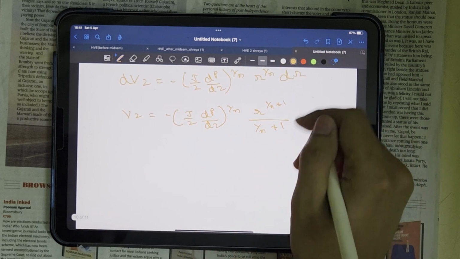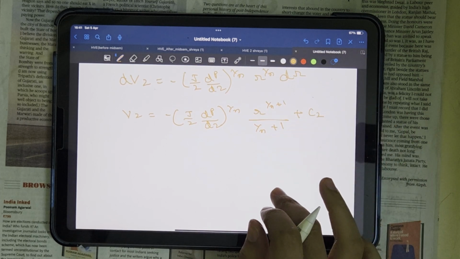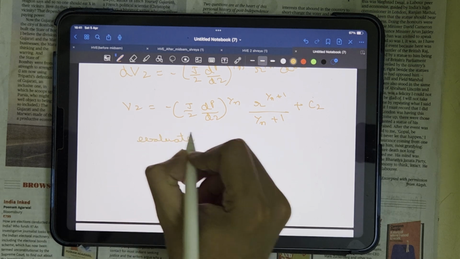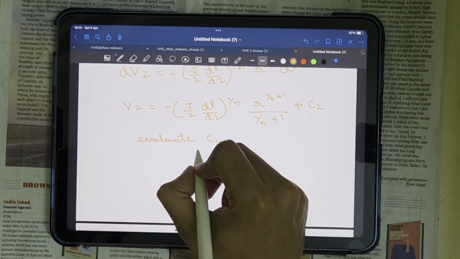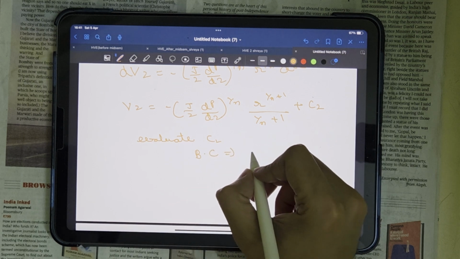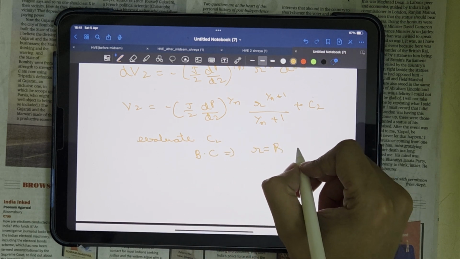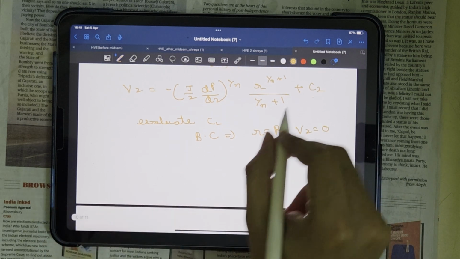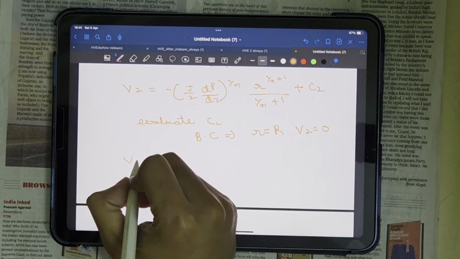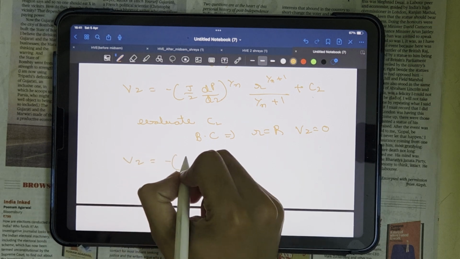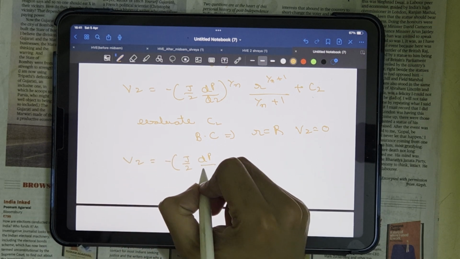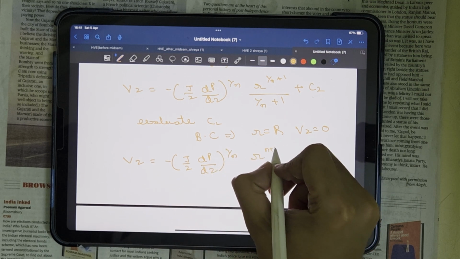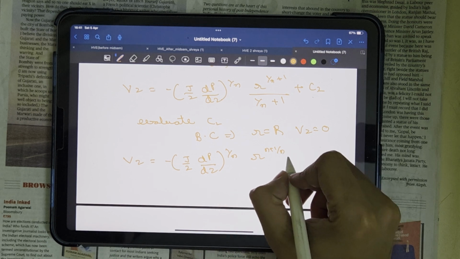Now to evaluate C2, we will use boundary condition, which is at r equal to R, our Vz is 0. Now first we can write Vz in a better manner, which is minus j by 2 dp by dz whole power 1 by n r to the power n plus 1 by n and n upon n plus 1 plus c2.